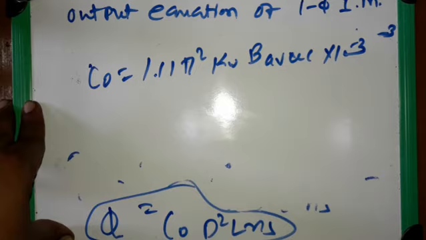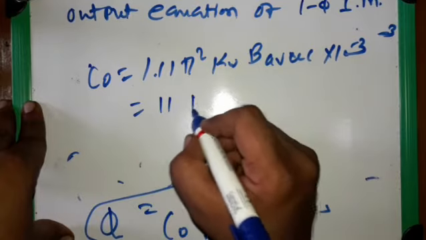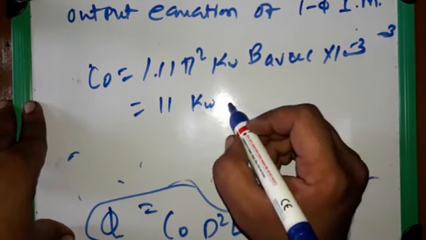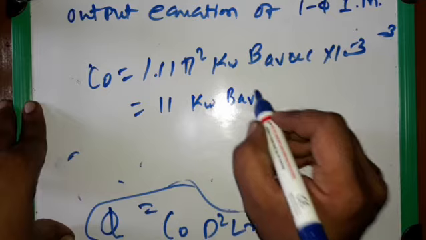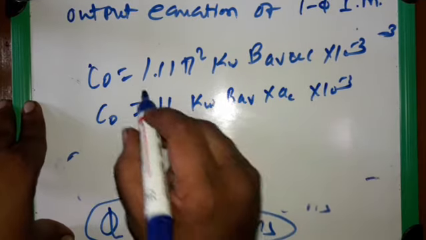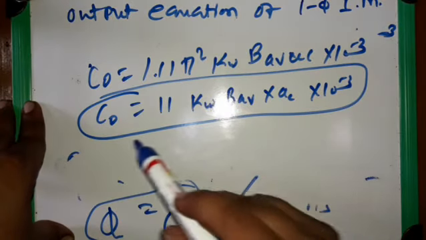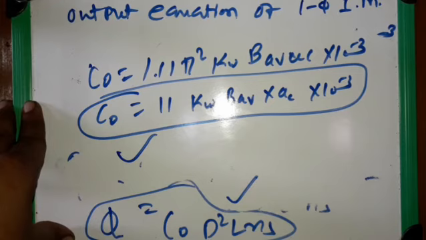Now multiplying pi square, we get 11 into Kw into Bav into ac into 10 raised to minus 3 as C0. So here is the output equation and here is the output coefficient equation.